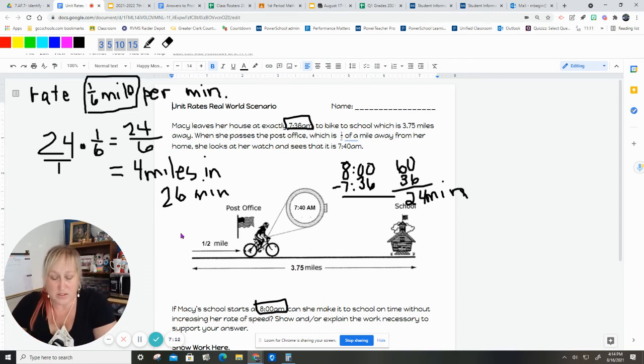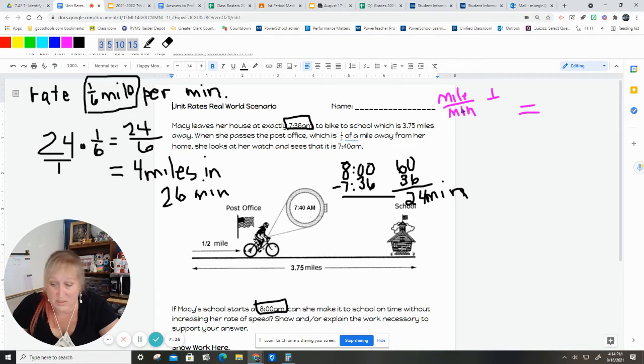Now, there is probably another way to do that. Let me see if I can come up with it and change colors. So some students may have set it up like I did. We're doing miles over minutes, right?